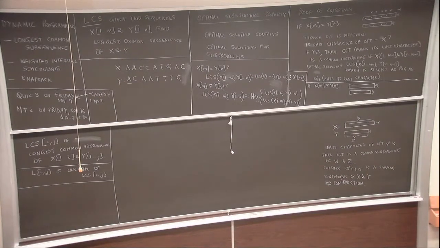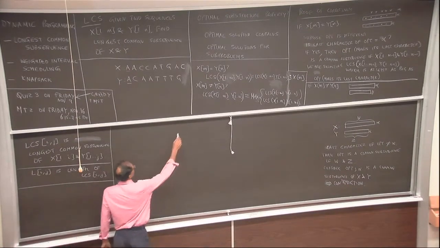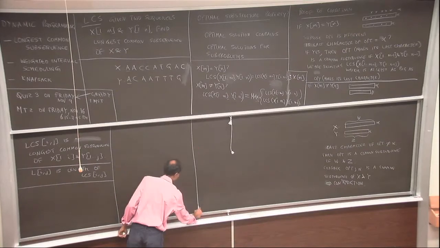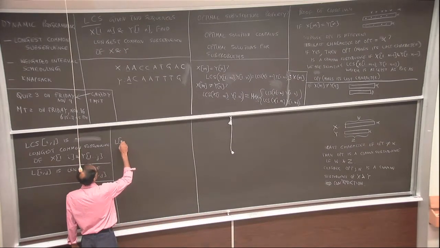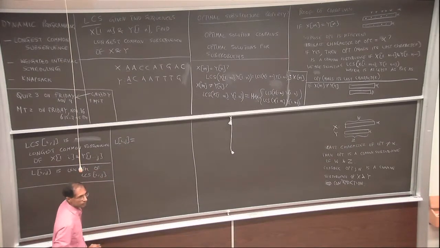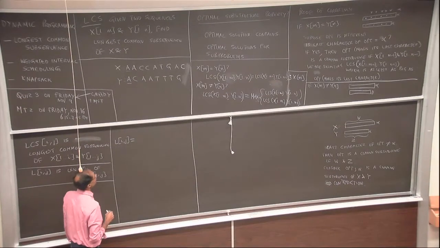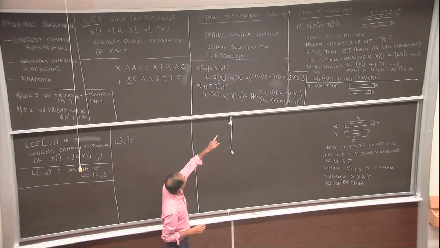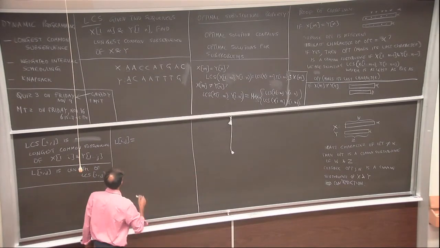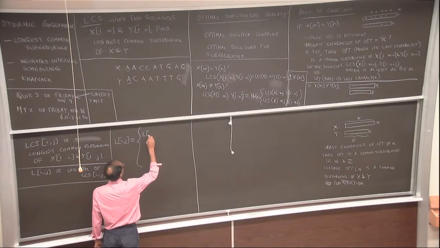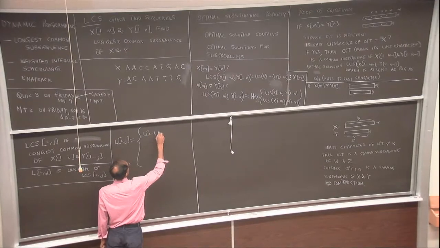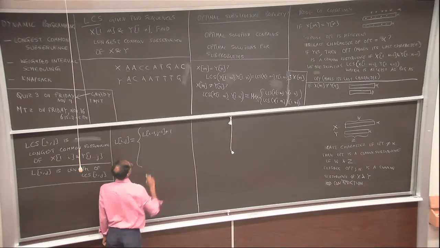Okay? And let me write that in the middle. So L i j equals, if we find that the last two characters are the same, then it's simply one more.